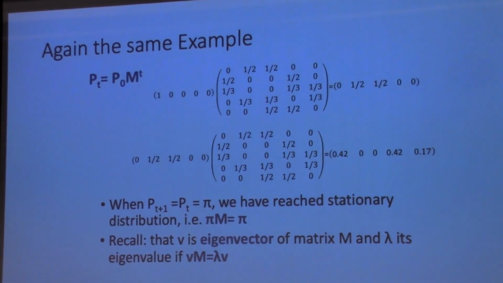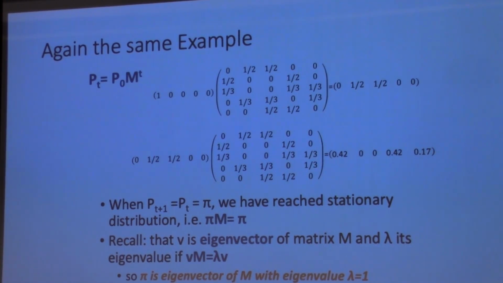Interesting, huh? So PageRank is connected to eigenvectors. Pi is an eigenvector of M with eigenvalue lambda equal 1. Okay, so that's the first part.